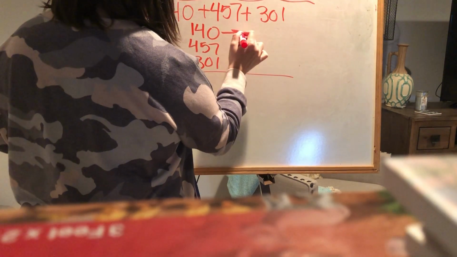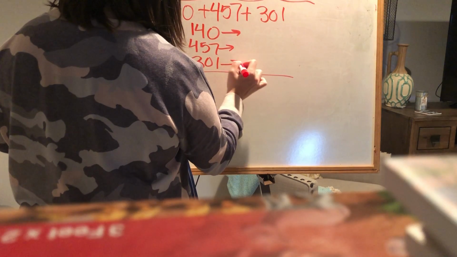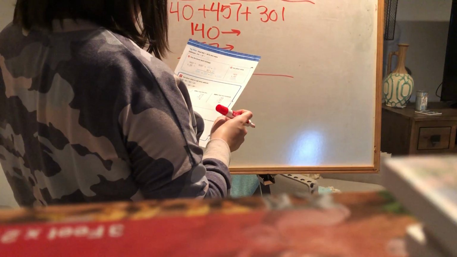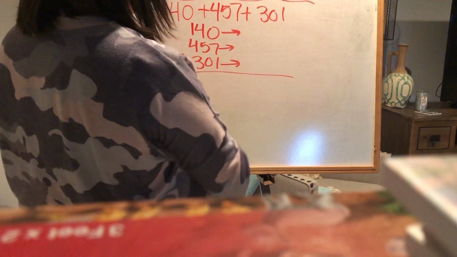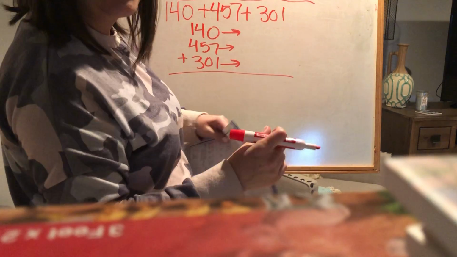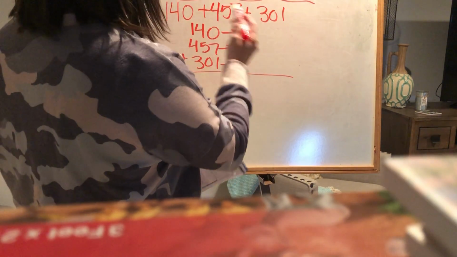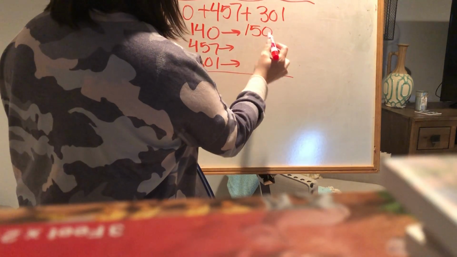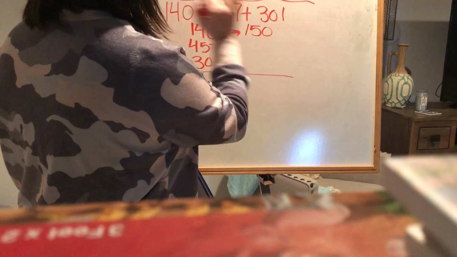Now, let's estimate them. Let's go ahead and start with 140. Now, we can keep that the same, but it's asking you to estimate. So 140, let's round it up and do 150. We have a 5 in our tens place, a 0 in our ones place.